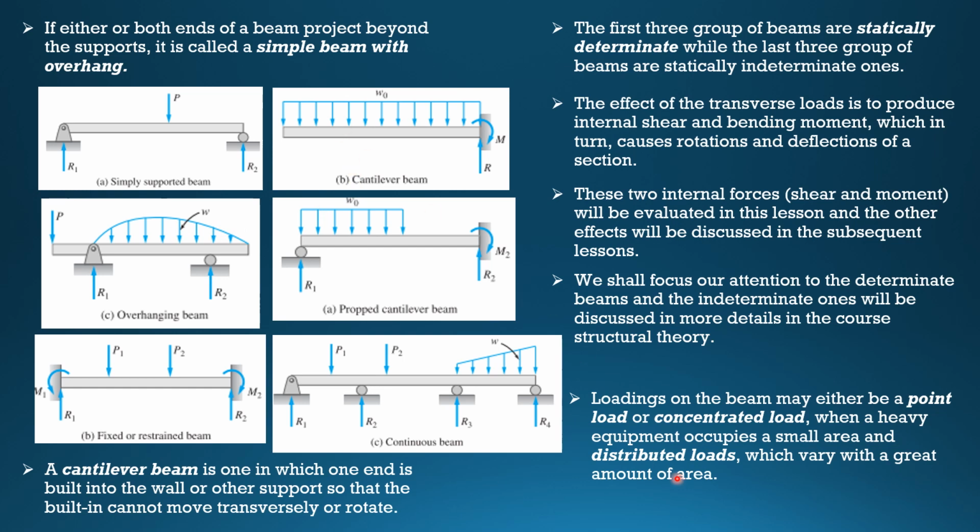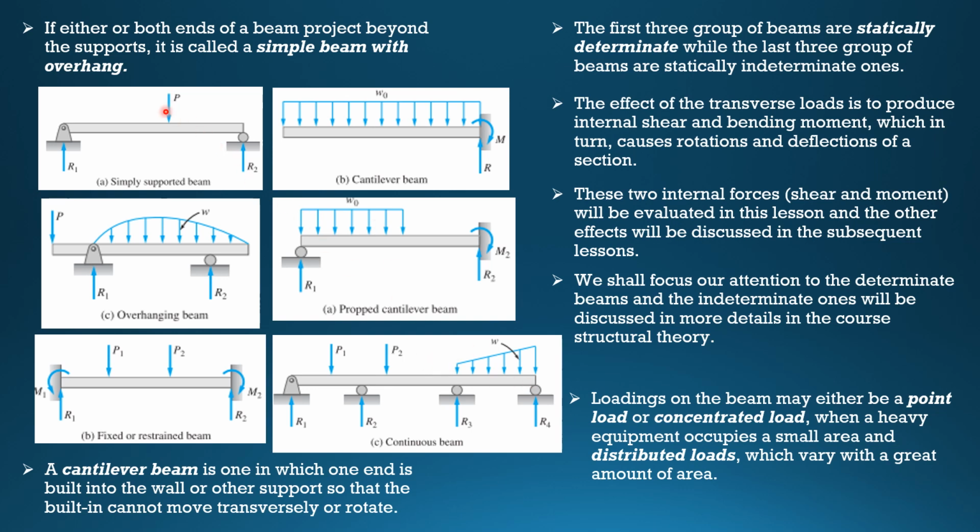But if it occupies a narrow area and the distribution is uniform, then it can be reduced to this, what we call line loads, which vary with length.